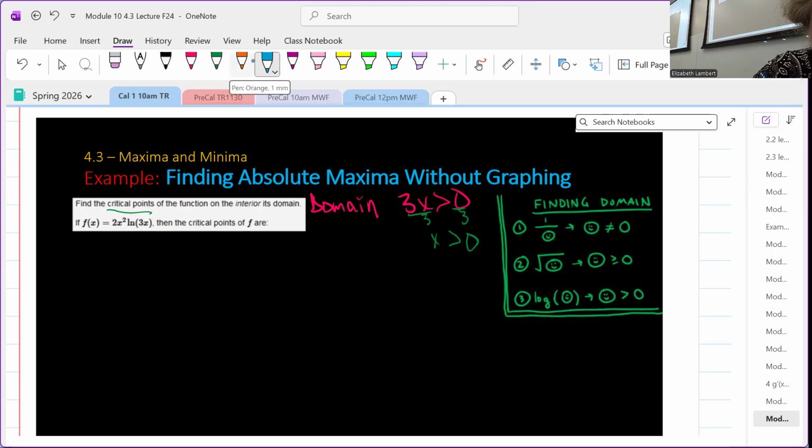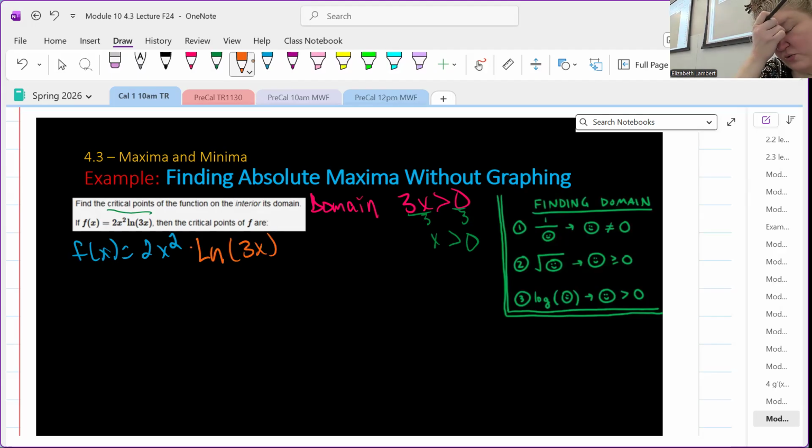So my function f of x equals 2x squared times the natural log of 3x. So we got a product rule there.